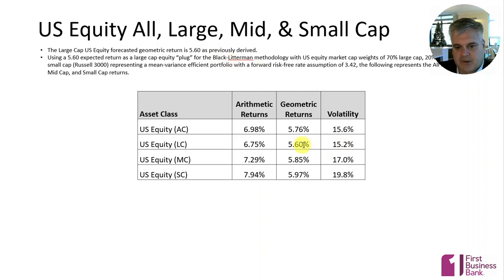So if we have a large cap return of 5.6%, and we look at the volatility and the correlation of these other categories relative to large cap, the market itself is implying about a 1% higher return in mid and small cap, more in small cap than mid cap. And then when you put the entire all cap together, the entire U.S. market is a function of about 70% large, 20% medium, and 10% small cap. When you rope all those together, that gets us closer to a 5.8% forecast.